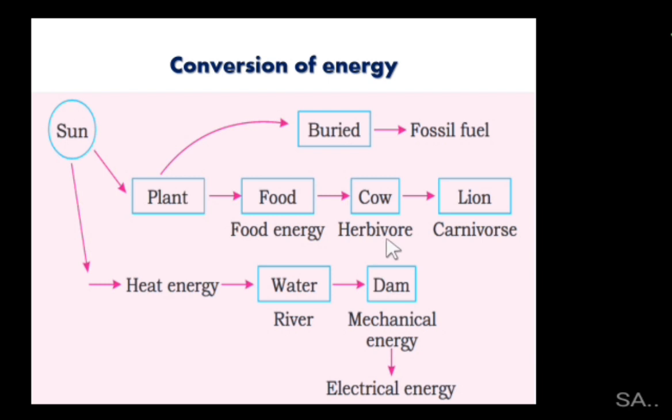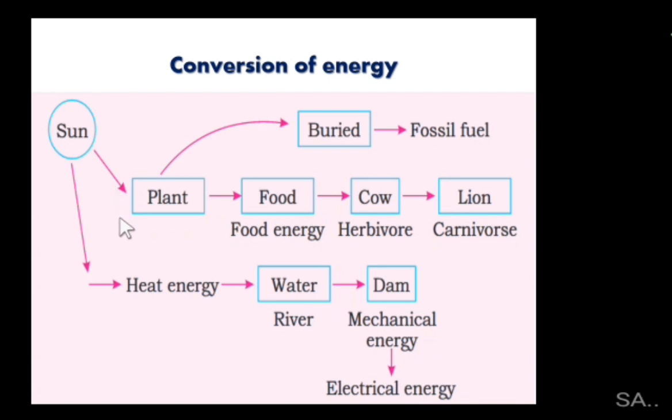We have herbivores that eat the plants, and these are eaten up by carnivores. And when all these living organisms are buried in the earth's crust, they turn into fossil fuel over millions of years. So this is how energy is flowing in this component of the ecosystem, which is a living component.